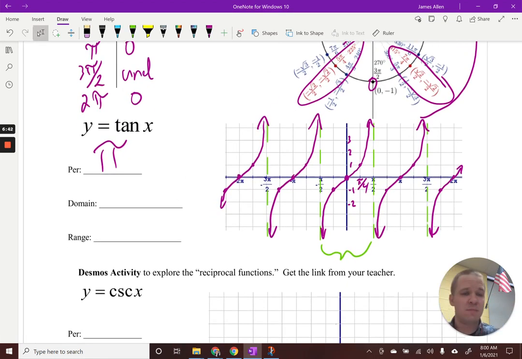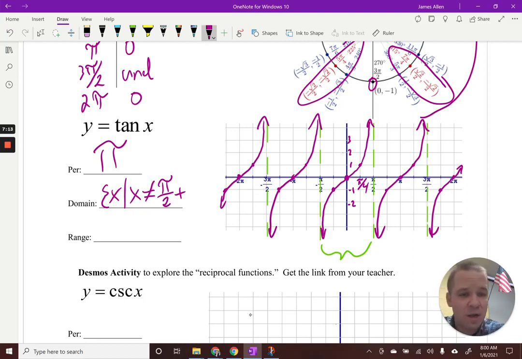So if I'm going to write my domain, I need to think about, well, what can x not equal? Well, it can't equal negative 3 pi over 2, negative pi over 2, pi over 2, 3 pi over 2, so on and so forth. But am I going to write everything out? No, there is a convenient way of going about that. I'm going to write it in set builder notation, x such that x cannot equal, we'll start with pi over 2, which is our first positive, pi over 2 plus, and how often are we repeating ourselves?